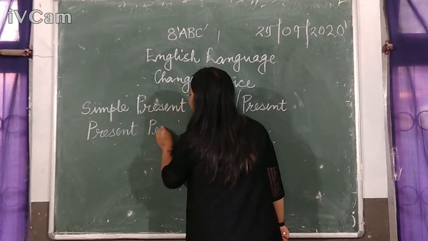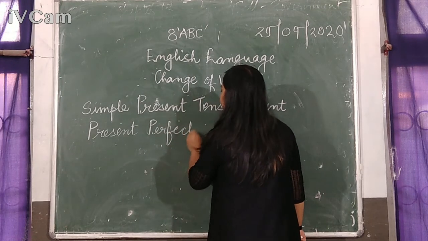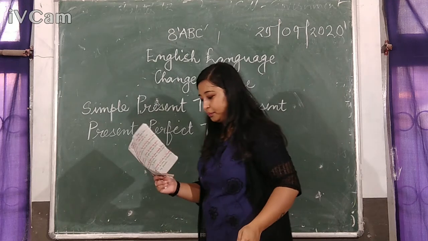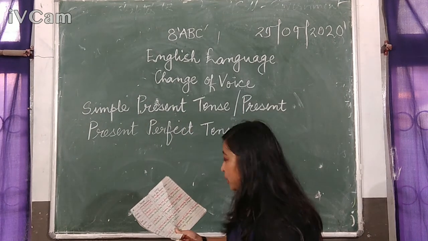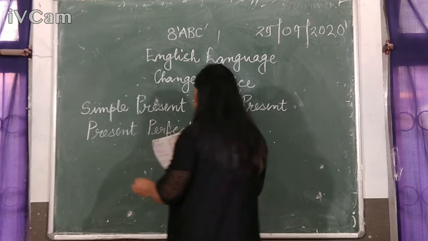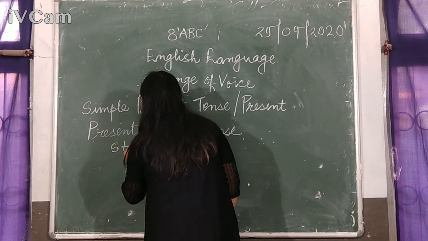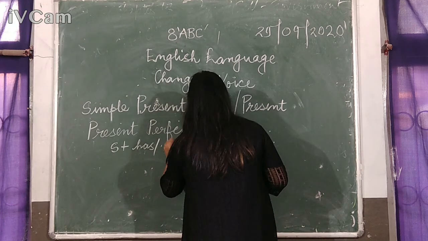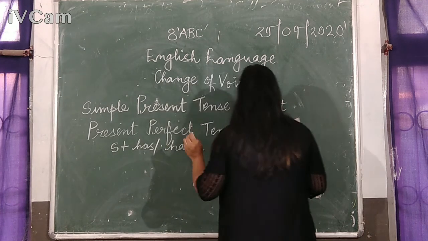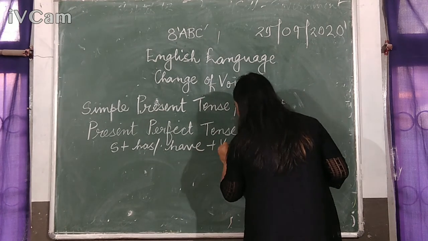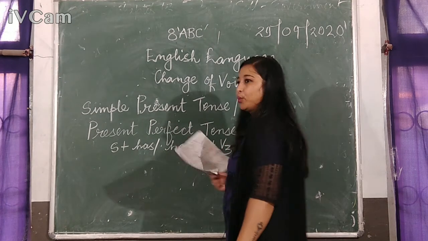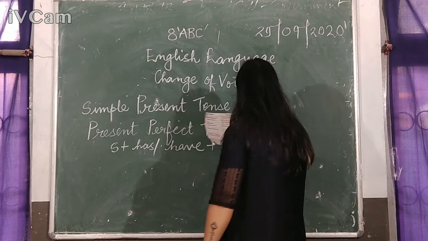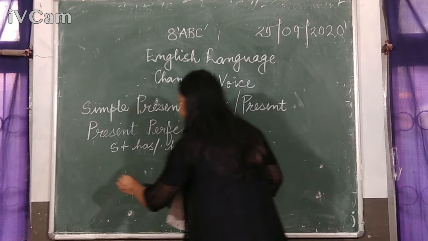So the structure goes like this in the active voice. Subject plus has or have, isn't it? Because you all have already done the tenses, so now you must be acquainted with the structure. So this is the structure. Okay. Now see the example.